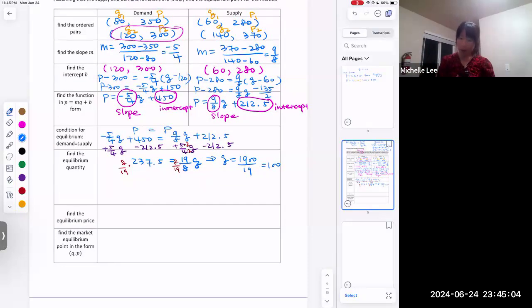Okay. Now, that's the quantity. How about the price? We can use either the demand or supply price. Which one is easier? Let's use this one.